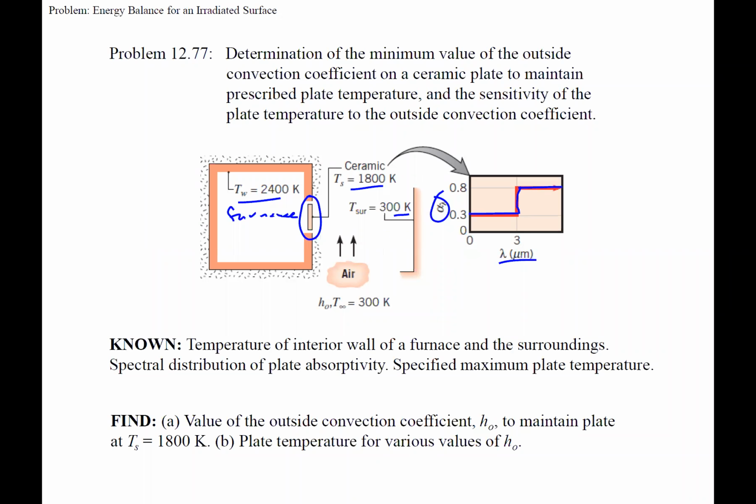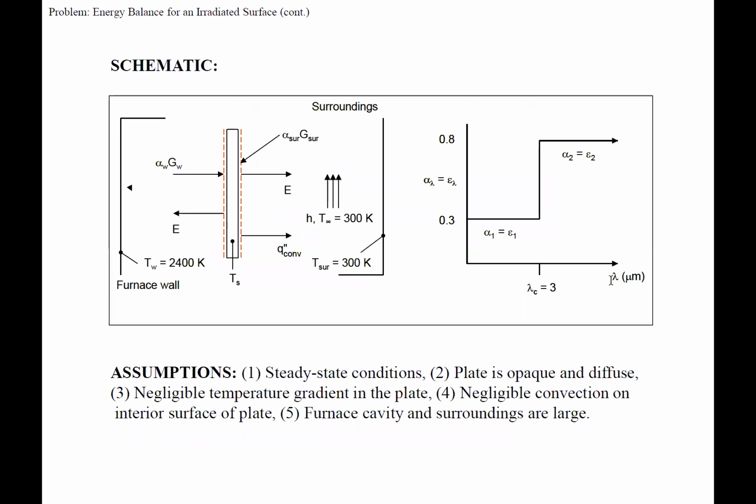We need the outside convection coefficient. To start out, we're going to zoom in on the ceramic plate and do our conservation of energy like we did way back in chapter 1. We take our plate at steady state, and we were told to neglect convection on the interior surface.